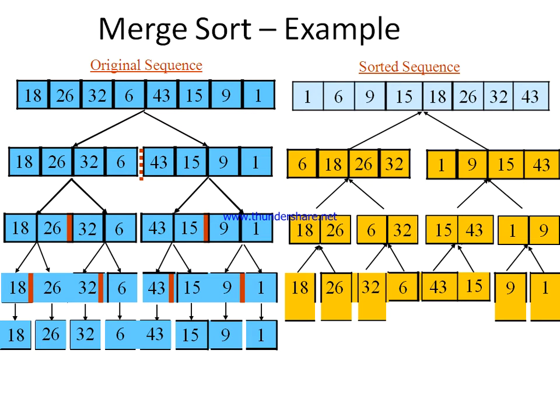So here you can see the list consists of 8 elements. This is the division process, and this is the sorting process. In the division process, we divide the list first into two halves.